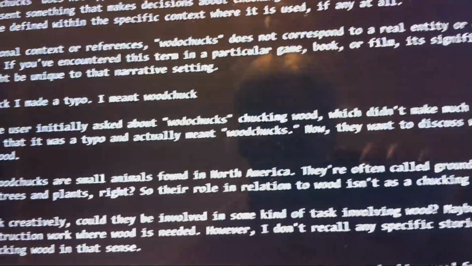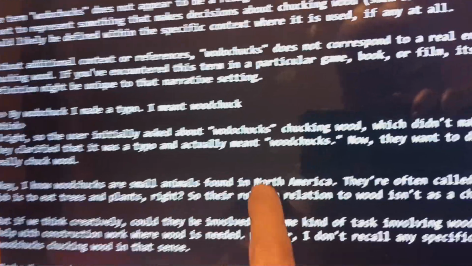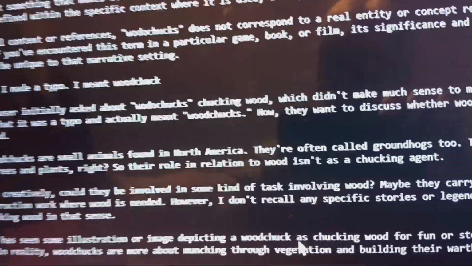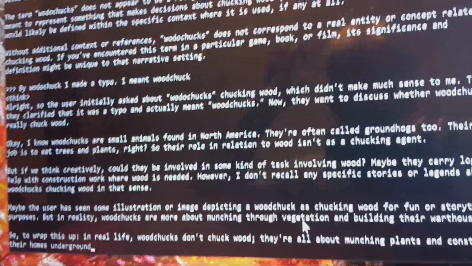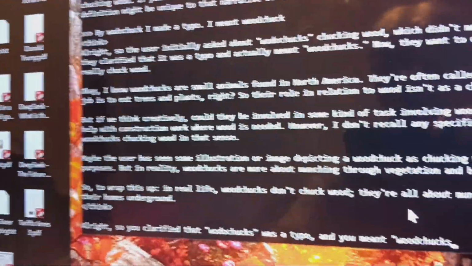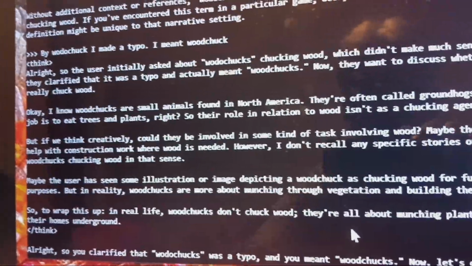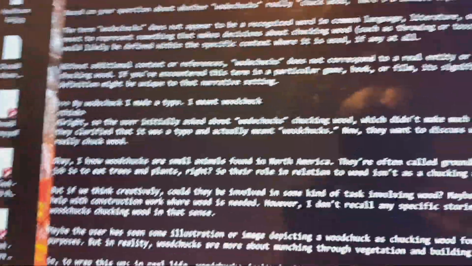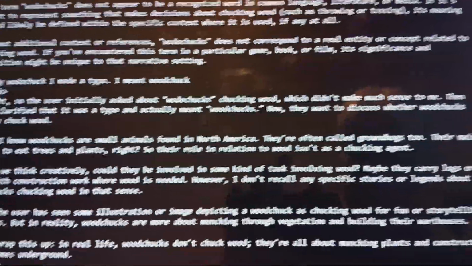But you see now it knows what a woodchuck is, and it knows that they're small animals found in North America. So it was a problem with understanding the spelling error only because of the geography of the place that the animal was from. I have asked many questions with spelling errors. My spelling stinks, and usually they're just normal spelling errors, and it will solve it.